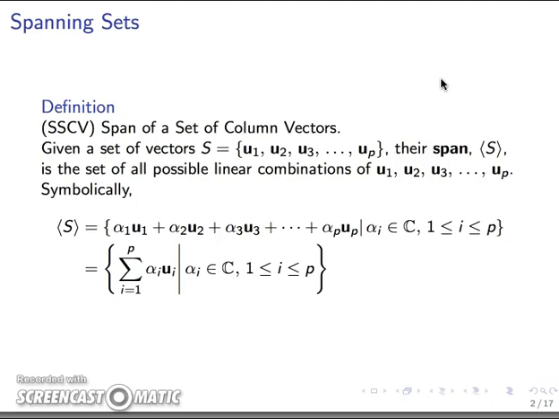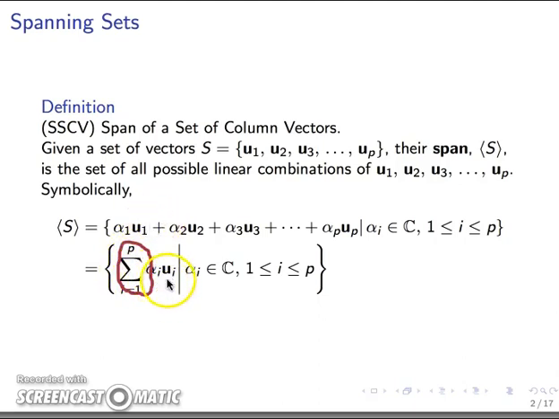The short notation for describing linear combinations involves this summation here. This symbol denotes the sum. Please bear with me if you are familiar with this, but if you are not, this sigma, a Greek letter, denotes summation.